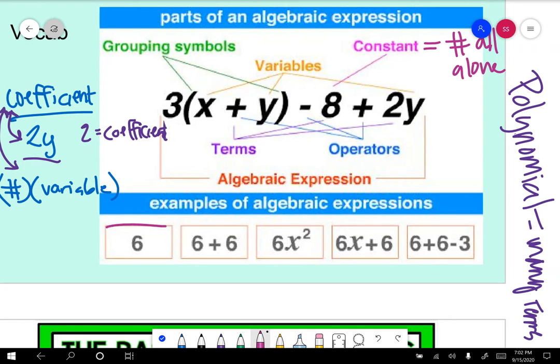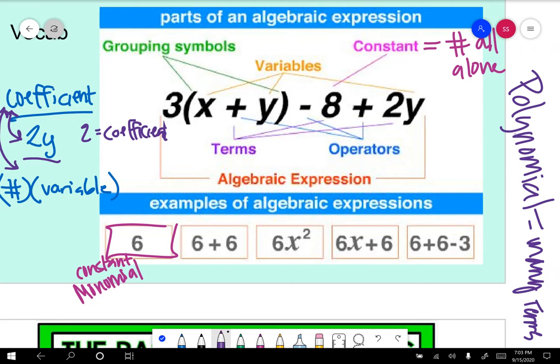Okay, 6 would be an algebraic expression. It's all by itself. We would also call it a constant because it's all by itself, right? And if we were referring to it in terms of the number of groupings or expressions, we would call it a monomial because there's only one term.